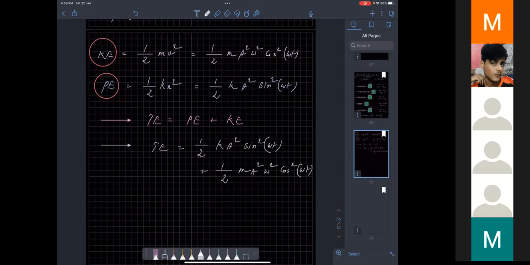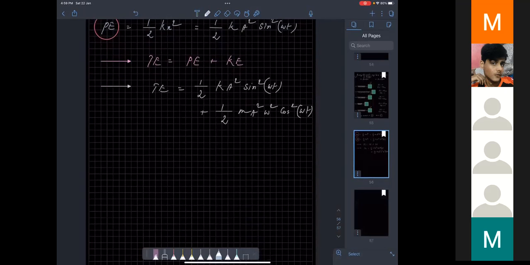Now you know one thing. You know what the relationship between k and m is, right? So we know that for any SHM, omega equals under root k by m, right?